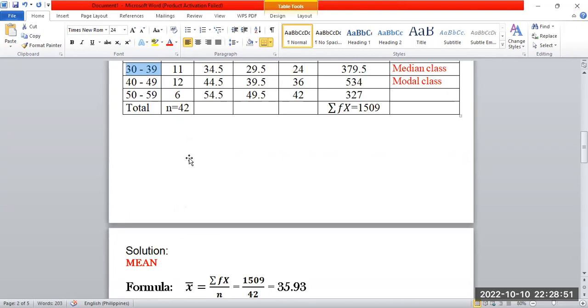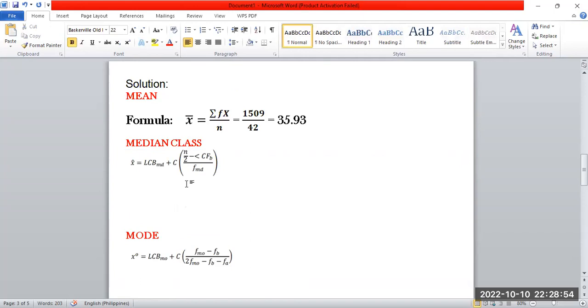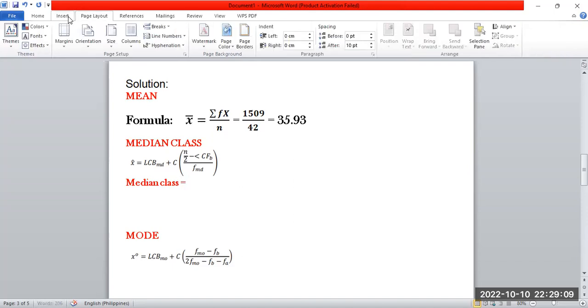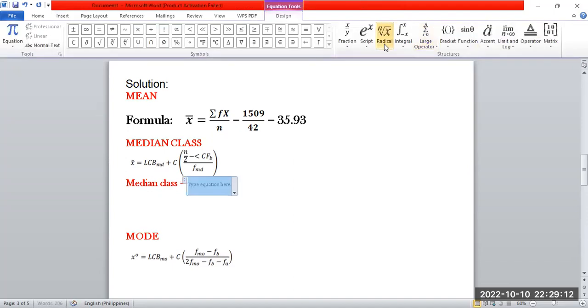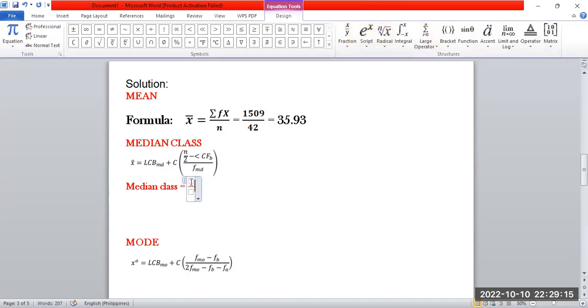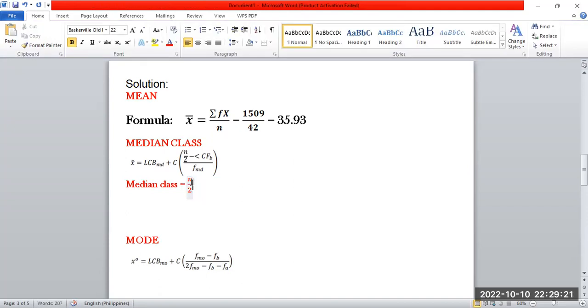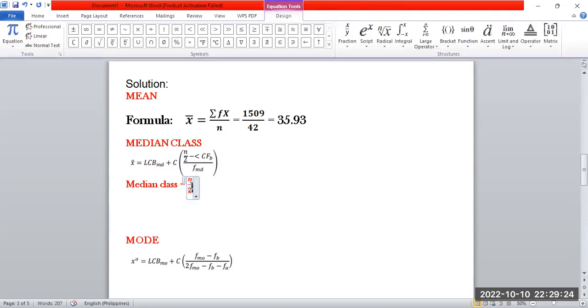So pwede isolve muna natin yung n divided by 2.